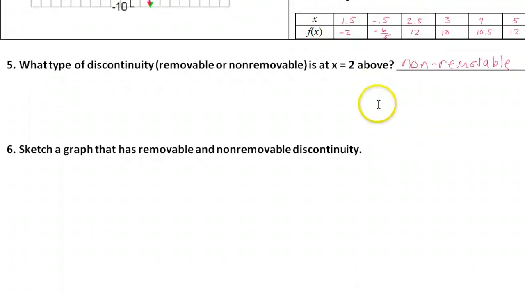Okay, now let's take a look at number 6 where we have to sketch our own. Okay, a graph, meaning one graph, a single graph that has a removable and a non-removable discontinuity.